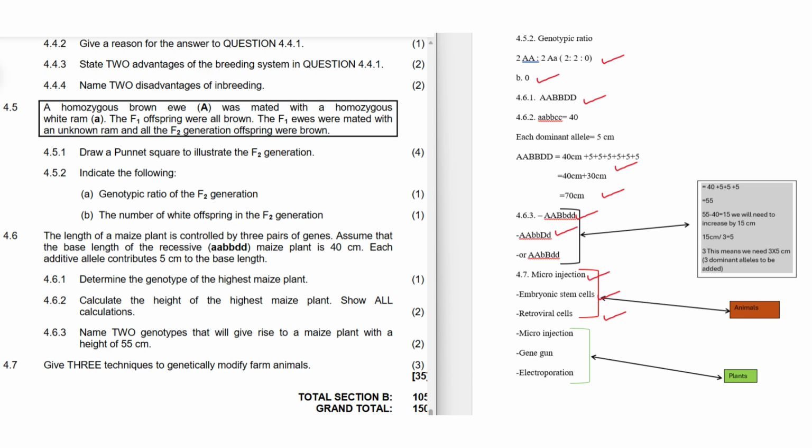So for animals, retroviral vectors is a correct answer here. Embryonic stem cells is a correct answer, and also microinjection. Microinjection works for plants and can also be used for animals. If you wrote electroporation and gene gun, they can give you a mark.